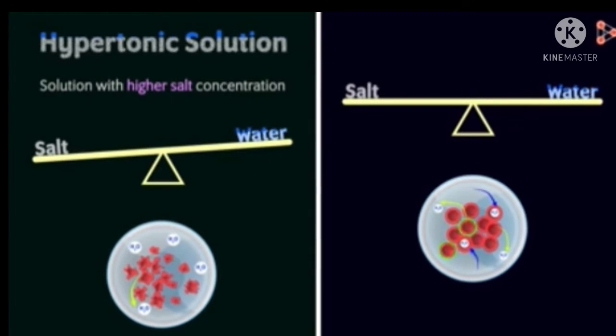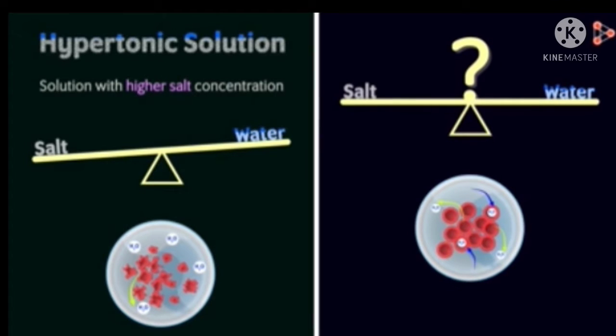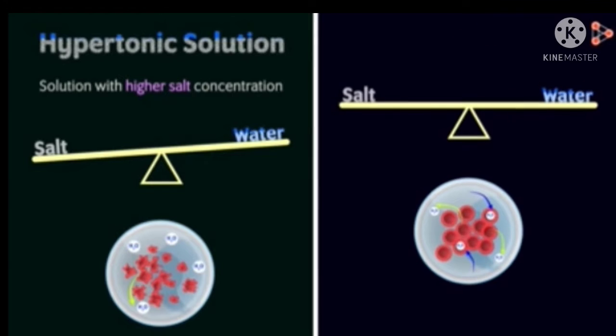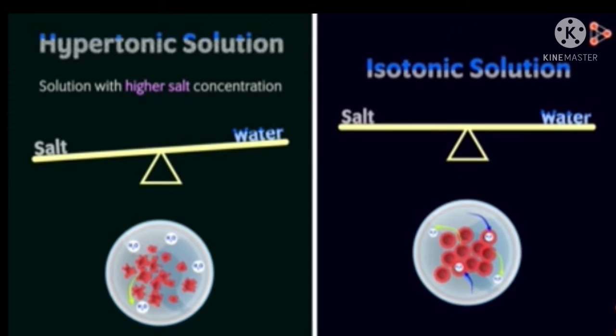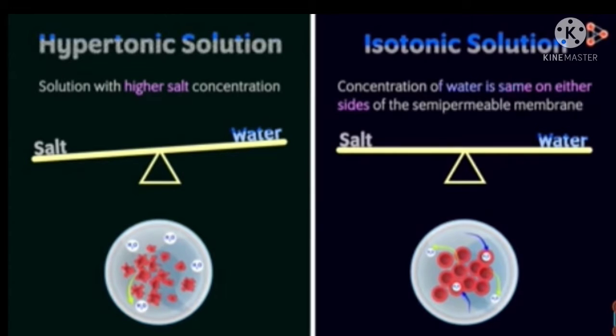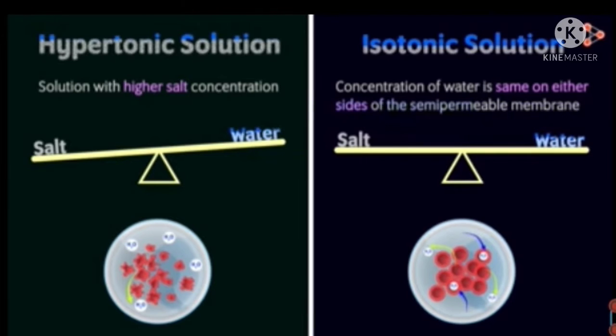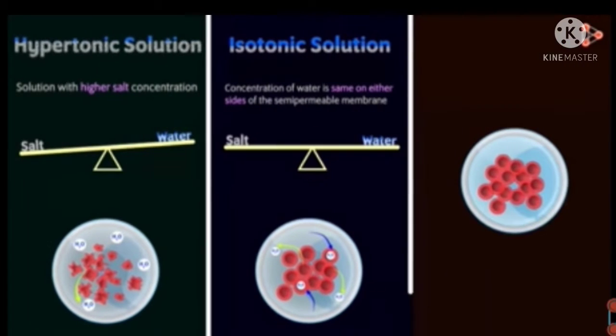As a result, the size of the cell remains the same. Students, do you know what such a solution is called? It is called an isotonic solution. The two solutions are isotonic when the concentration of water is the same on either side of the semi-permeable membrane.